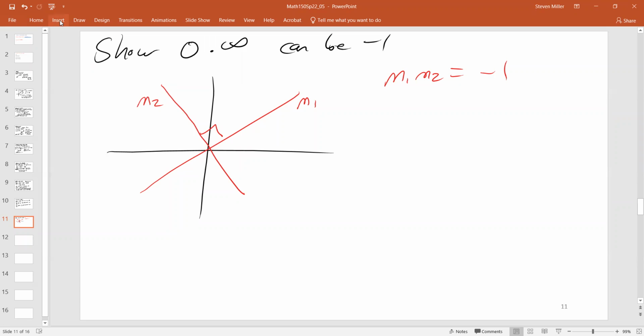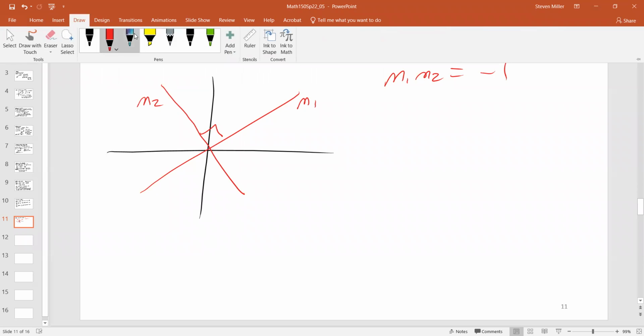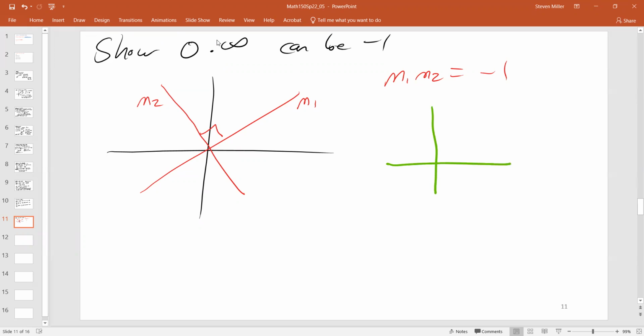Why is this interesting for us? Well, if I take the special case of the vertical line and the horizontal line, what is the slope of the horizontal line and the vertical line?